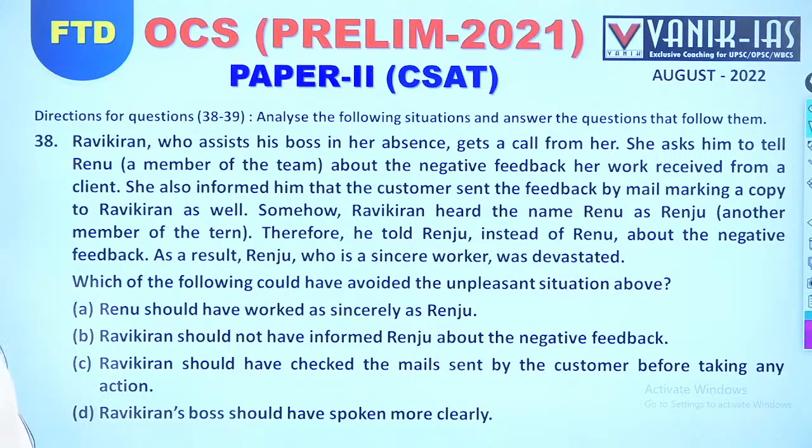Ravi Kiran, who assists his boss in her absence, gets a call from her. She asked him to tell Renu, a member of the team, about the negative feedback her work received from a client. She also informed him that the customer sent the feedback by mail, marking a copy to Ravi Kiran as well.